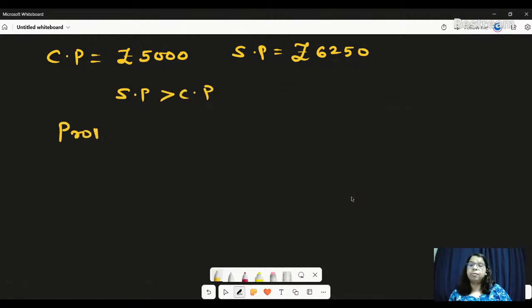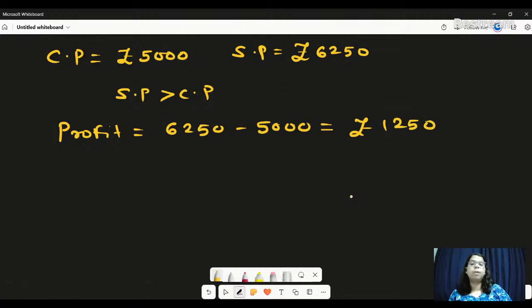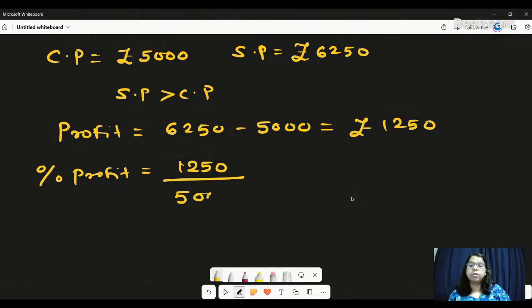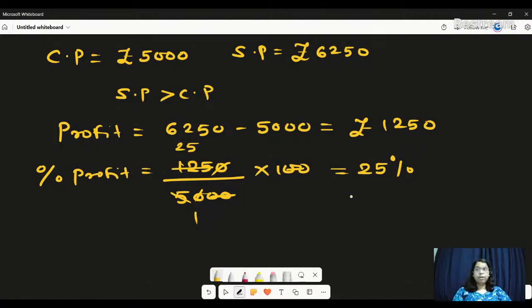So his profit is equal to 6,250 minus 5,000, that is 1,250 pounds. So profit percent is equal to 1,250 over 5,000. The answer is 25%.